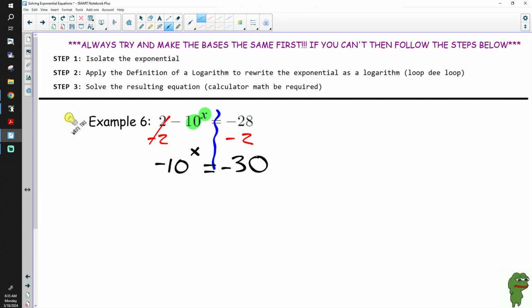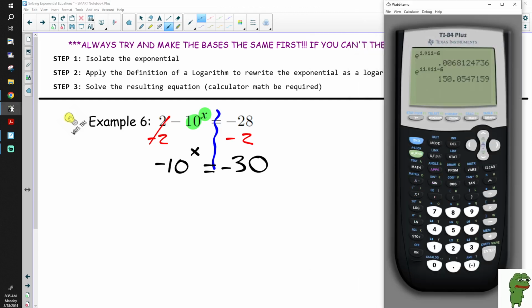All right. Now think, right now on the left side, what is our base? Negative 10. Now watch what happens if I try to do a negative logarithm.